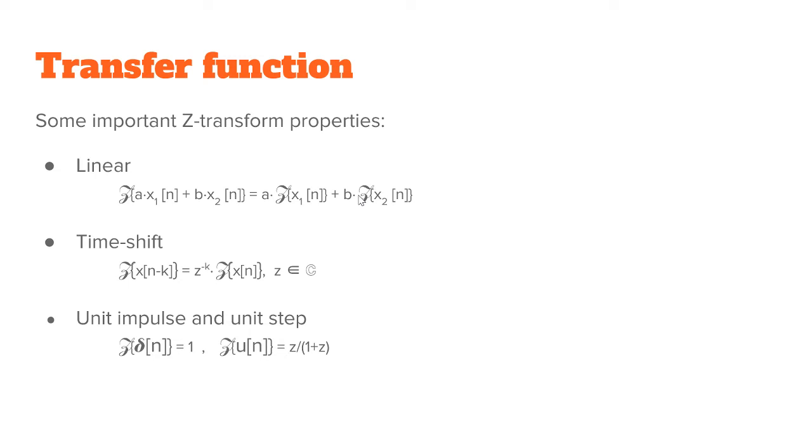Then unit impulse and unit step. What is the Z transform of unit impulse? That's 1. Or unit step, okay, z divided by 1 minus z to the power of minus 1. All right, so where to use this one?